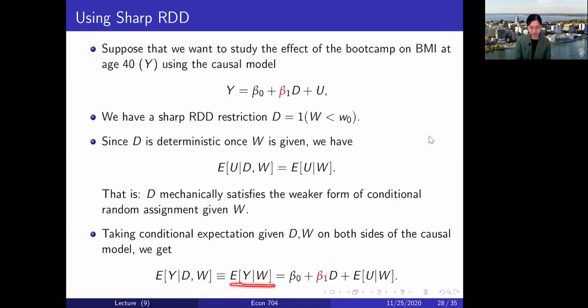And E[Y | W] equals beta 0 plus beta 1 D plus E[U | W].